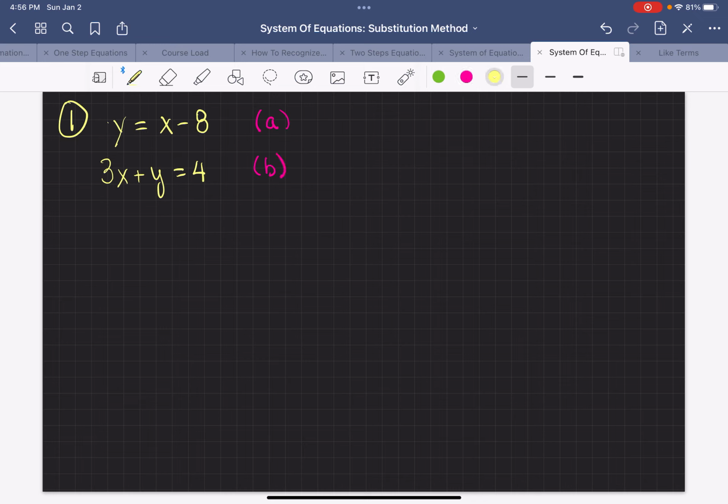To solve system of equations, you have two main methods. One is the substitution method, the one we're going to see now, and the other one is the elimination method.